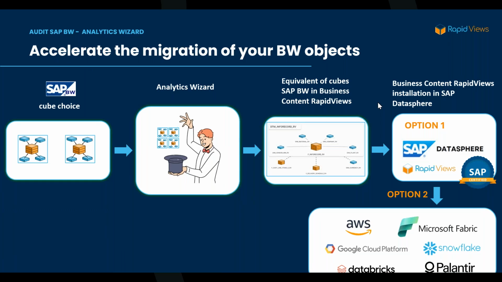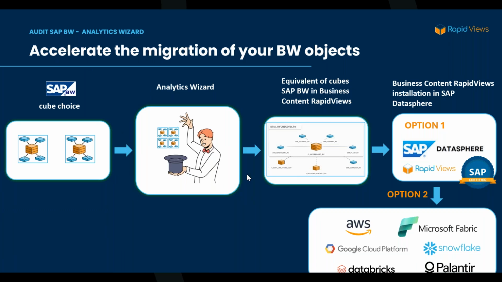For example, we have some projects actually with customers that don't use Datasphere. They want to use S4HANA plus GCP. So they will convert the BW cube into CDS.